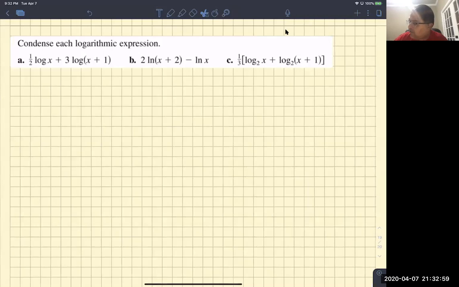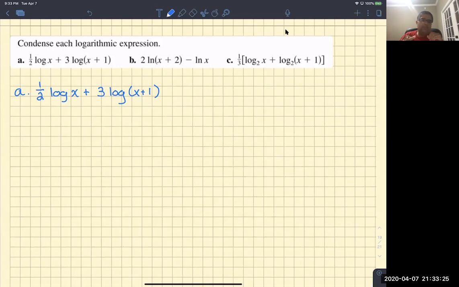So let's start off with A. 1/2 log of x plus 3 common log of x plus 1. So when you're condensing logarithms, you want to work from the outside in.